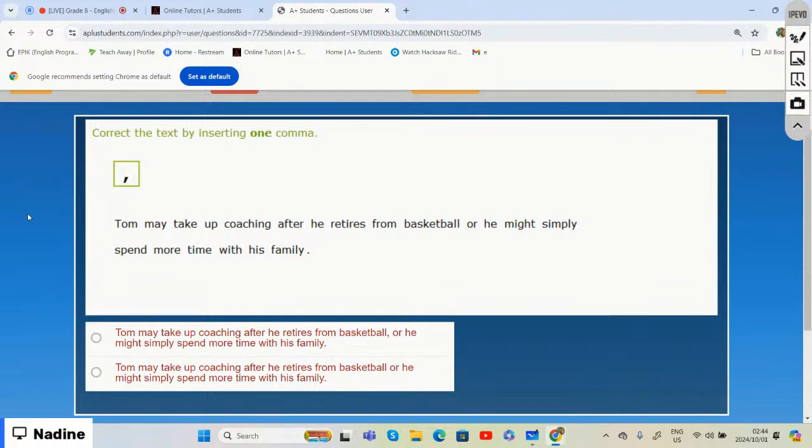We need to correct the text by inserting one comma. So is it option 1 or option 2?